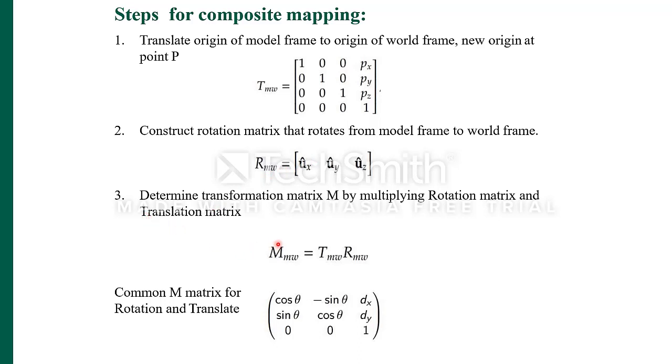Then we construct the matrix M by multiplying the rotation matrix obtained here and the translation matrix obtained in the first step. And here this would be the final matrix. This common matrix for rotation and translation, when we consider the geometric principles, would be in cos theta, cosines, and sine values.